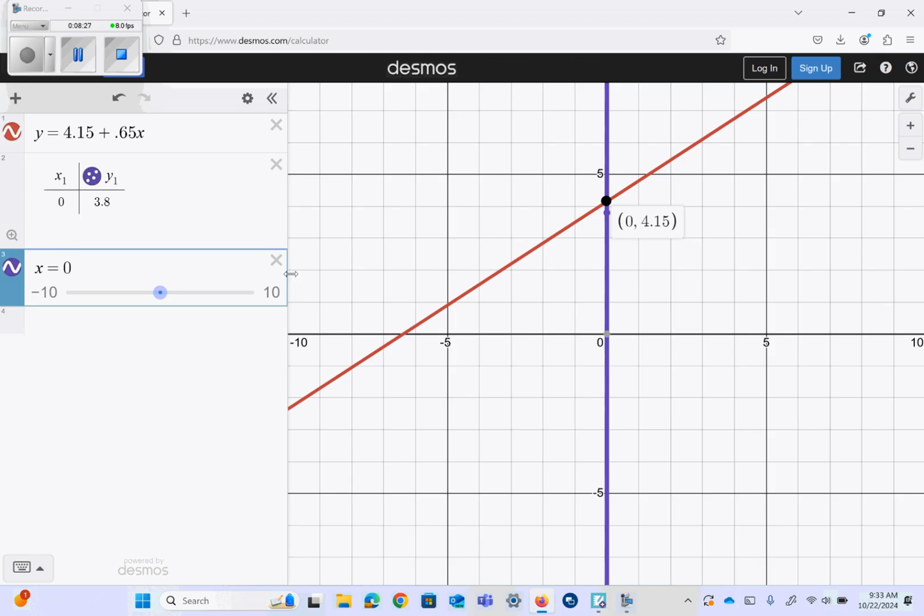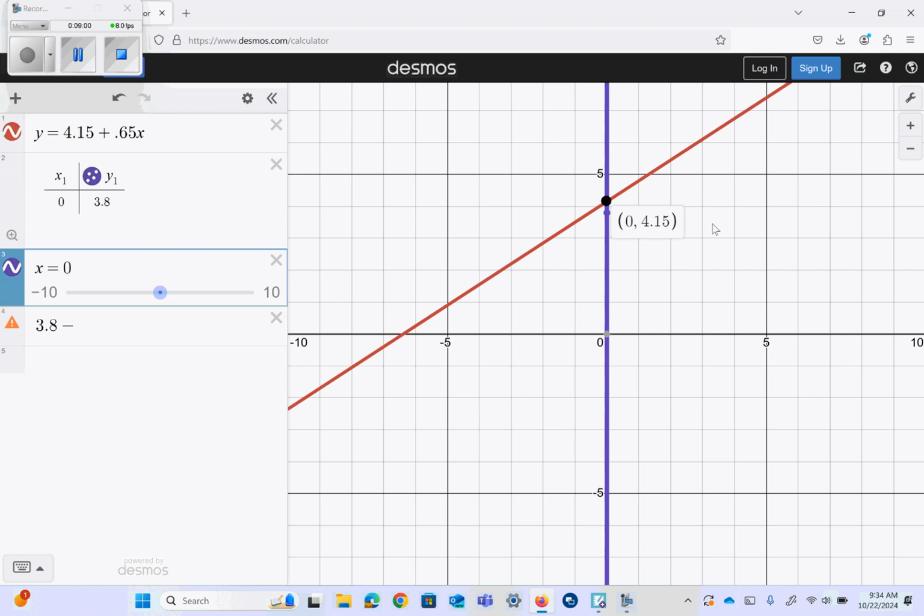What did they say that point was? Observed minus predicted. Predicted was here, right?